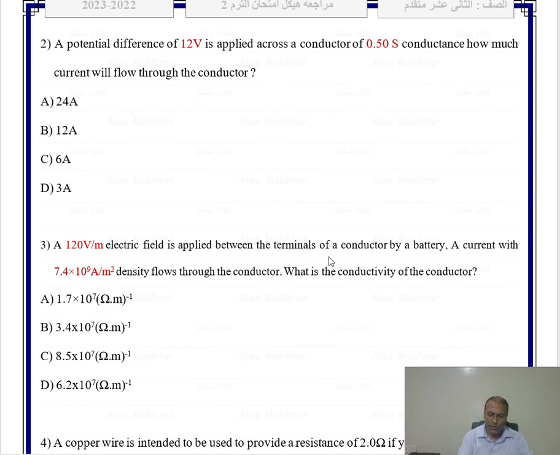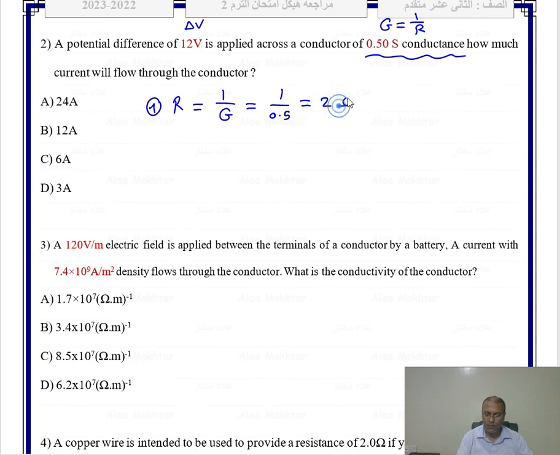Question number 2. A potential difference of 12 volts, delta V, is applied across a conductor of 0.5 S conductance. Conductance is G, capital G. Conductance equals 1 over resistance. So the first step, resistance equals 1 over conductance, equals 1 over 0.5, which equals 2 ohm.